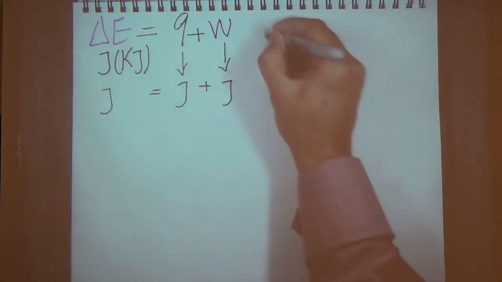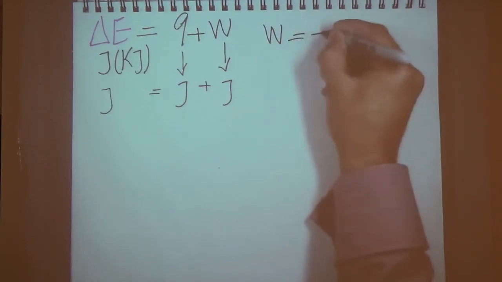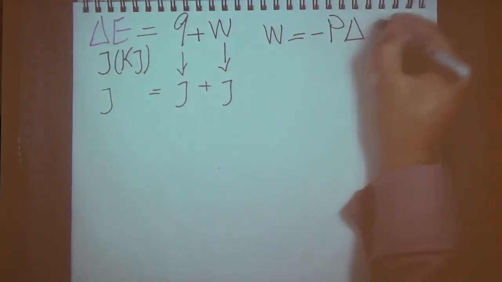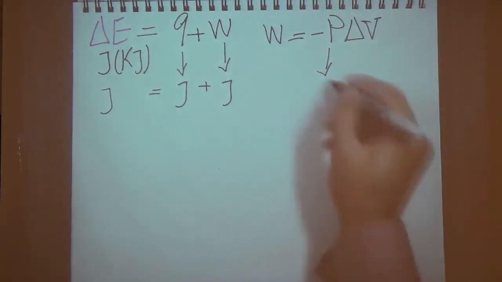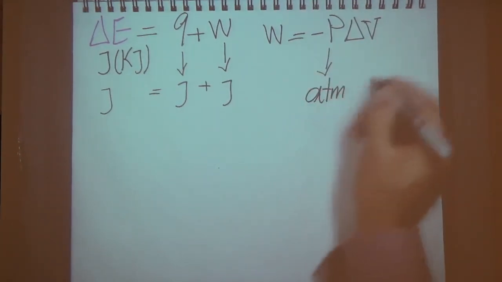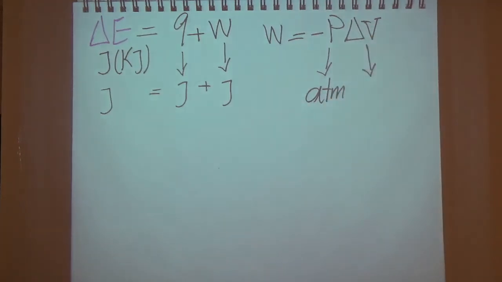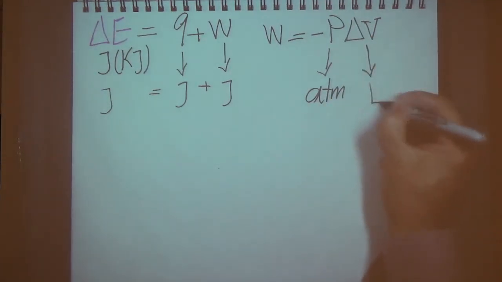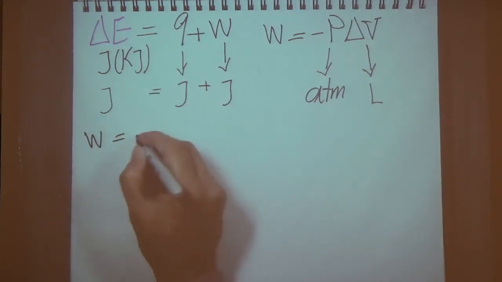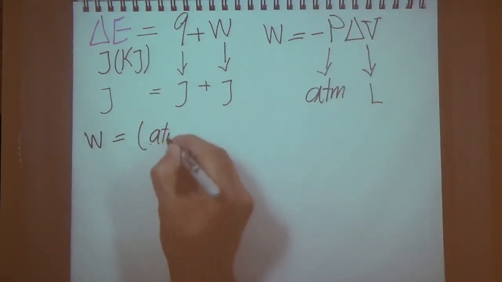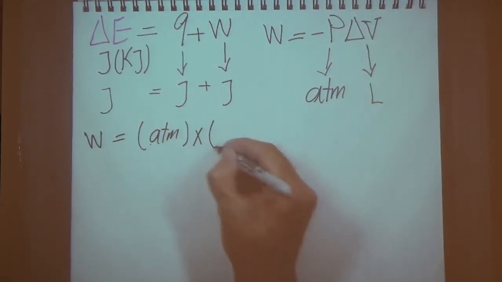But the definition of work is minus P delta V. And remember, from the gas law, pressure we go with atmosphere, and delta V is just the change in volume. Volume we go with liter. So when you calculate the work, P multiplied by delta V will be atmosphere multiplied by volume in liter.